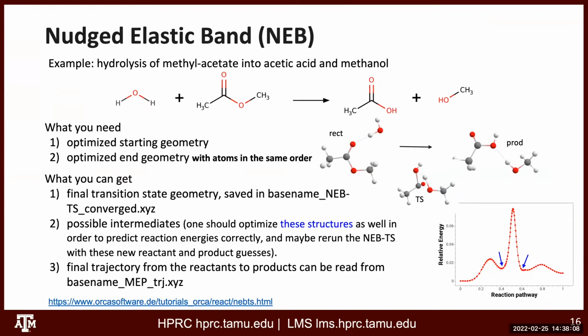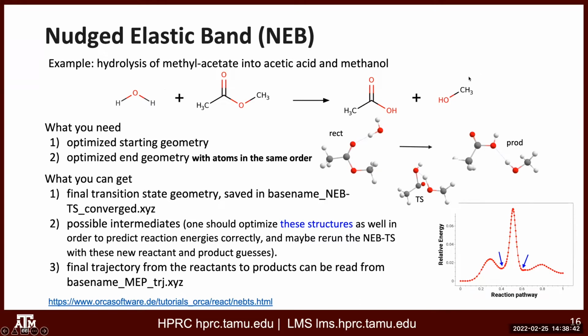For the nudged elastic band method, we will use the hydrolysis of methyl acetate into acetic acid and methanol as an example. When you do a NEB-TS or NEB-CI, climbing image, what you need is an optimized starting geometry and an optimized end geometry.